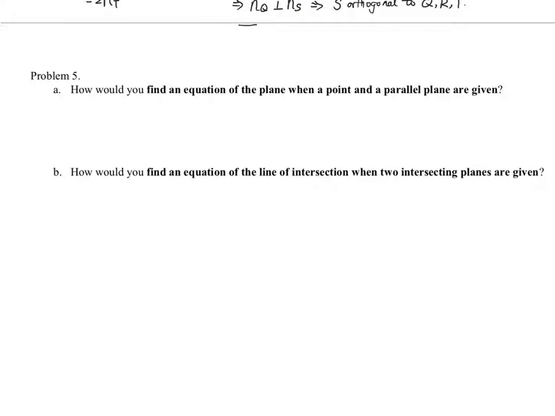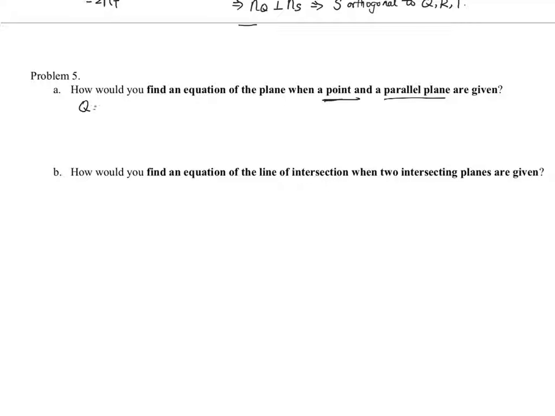Now, we've done some basics. Let's see how we can find an equation of a plane when you're given a point and a parallel plane. Sometimes it might be nice to see an example.